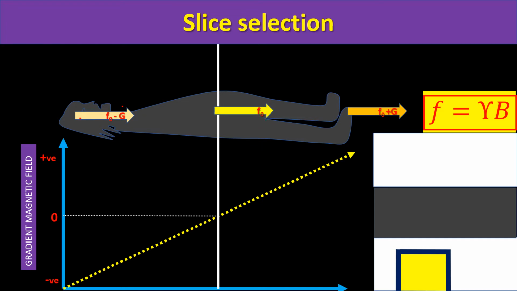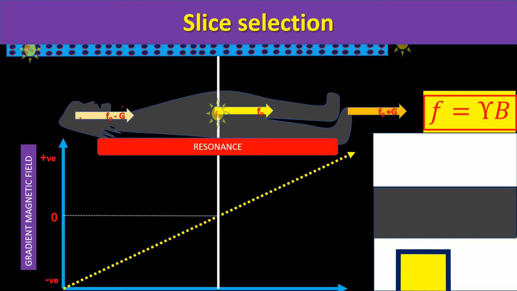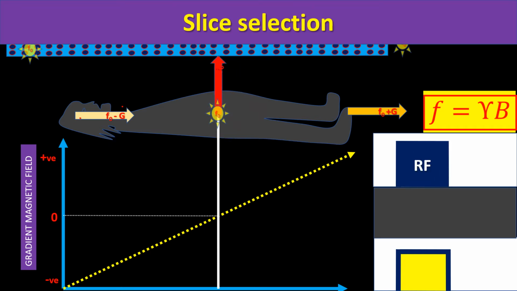If you want to measure the information from one part of the body, I should give an RF pulse which has the same frequency as F0. If I give an RF pulse with frequency F0, only the part of the body experiencing F0 will have its hydrogen protons flipped by 90 degrees, and we can measure that part of the body.